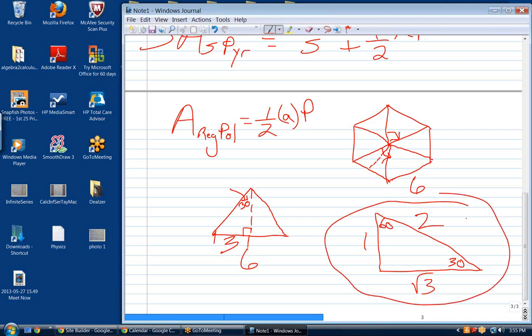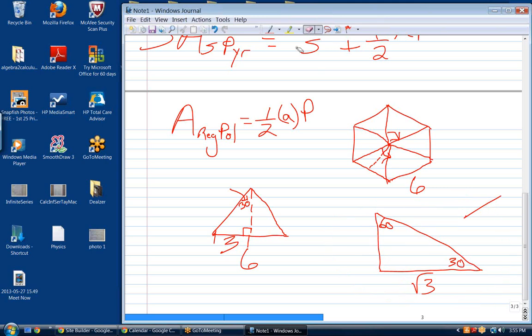Okay. This is the unit 30-60-90 triangle. By unit, I mean opposite the 30 is always 1. Opposite the smallest angle is always 1. Okay, I could have said 2, root 3, and 4 just as easily. But I call it the unit for a reason, and that's so that I can put 1 as the opposite of the smallest angle, and that makes the rest of the dimensions that.